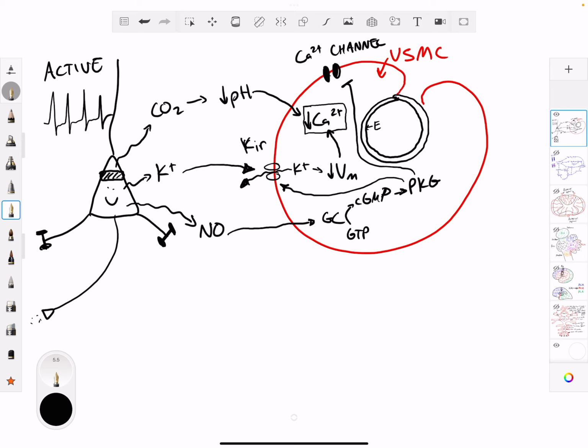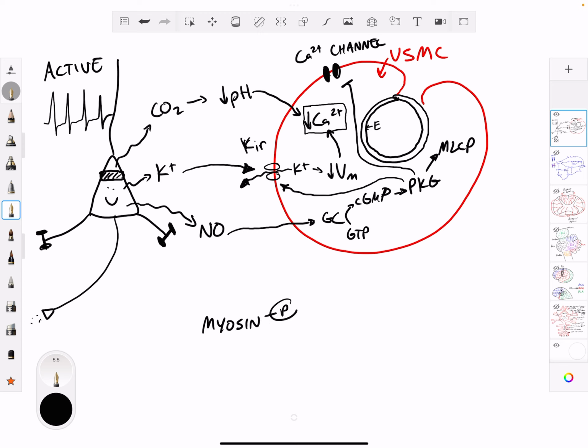And let's turn on myosin light chain phosphatase. Now, what we have to appreciate here is that contraction of smooth muscle is based on phosphorylation of myosin. So myosin can exist in two states.